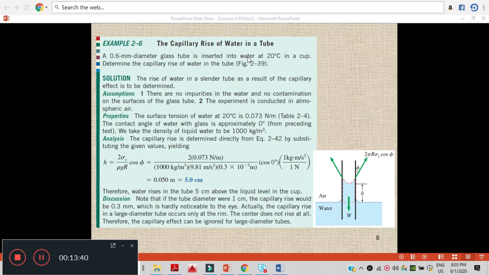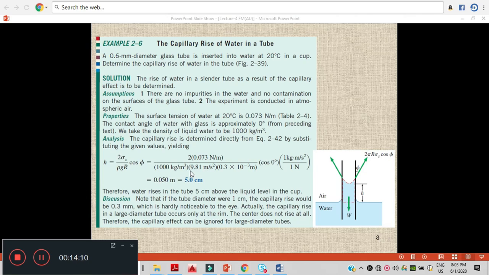There is water. For the water we know phi is 0 degrees. What else? g is 9.8 in SI units, and rho at 20 degrees centigrade is 1000 kg per meter cube. And what else is given? The sigma s. Sigma s we can get for water from table 2-4, from the fluid properties.